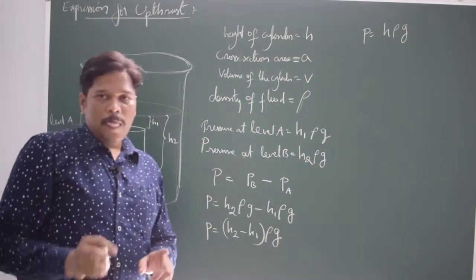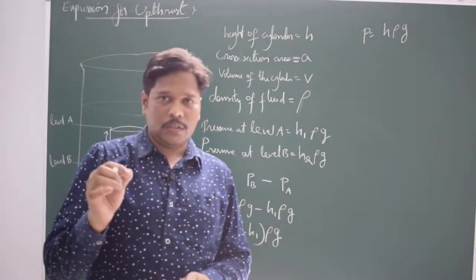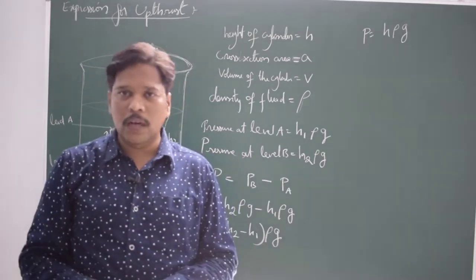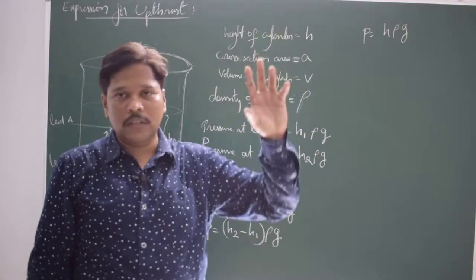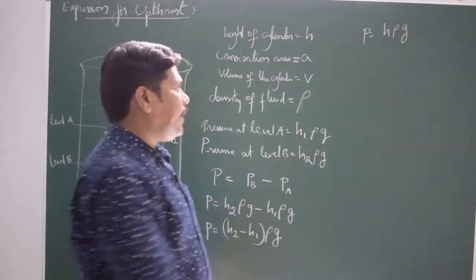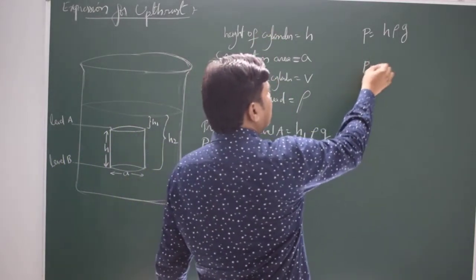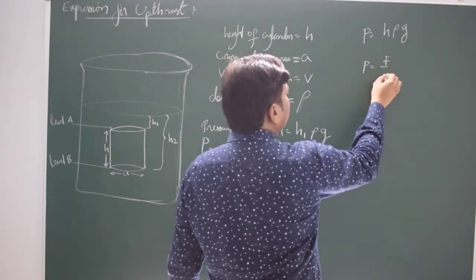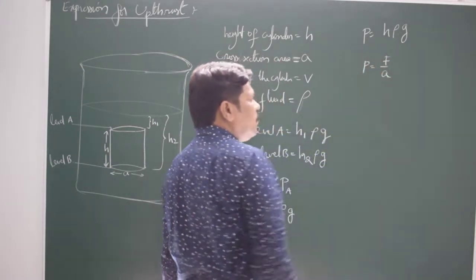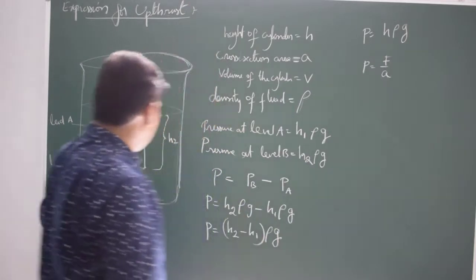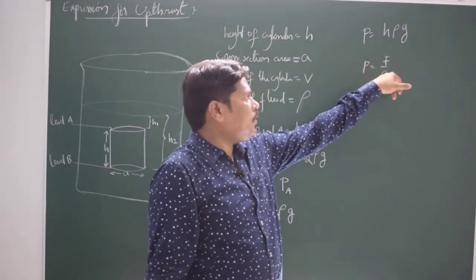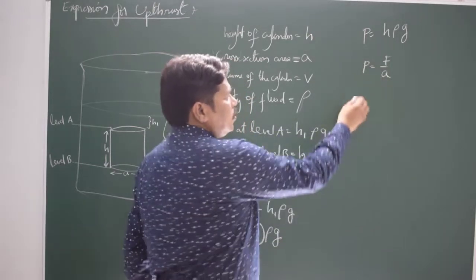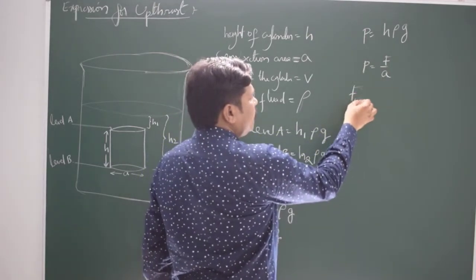Now we have to calculate the upthrust. How is pressure related to the upthrust or thrust? We know that, according to the formula, pressure is equal to force by area. So pressure equals thrust by area, or force by area. I am going to put small a because we have taken the cross sectional area as small a. So I want now the upthrust.